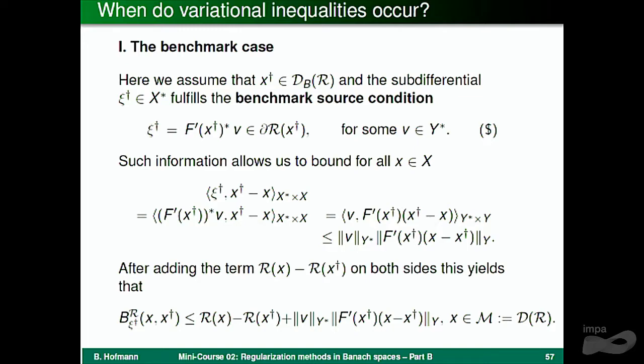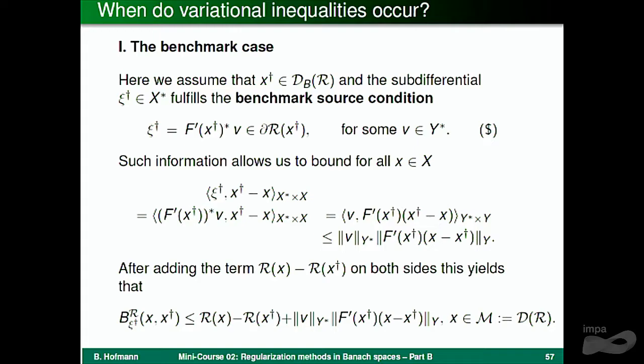I have written it here. You see this left product. You can transform it. You can estimate it by the Cauchy-Schwarz inequality. You can go to norms here. And now, little trick, you can add this R difference simply, and the result is nothing but a Bregman distance.